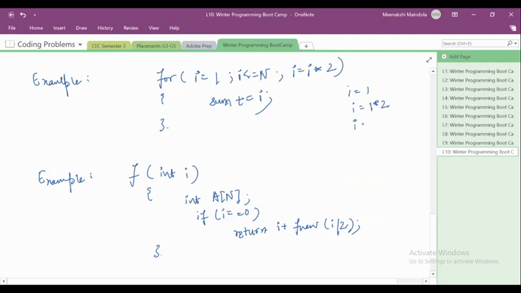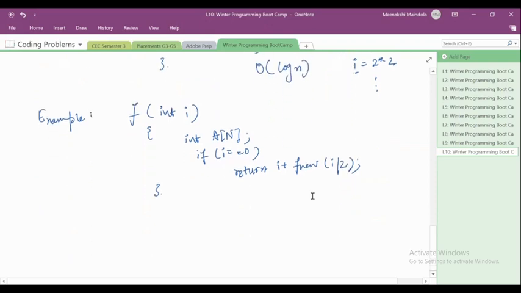The next time for 2 into 2, and so on and so forth. The value of I, which you calculate after multiplying it by 2 every time, should be less than or equal to n, only then it will go inside the loop and run. So we say that here the time complexity is order of log n.